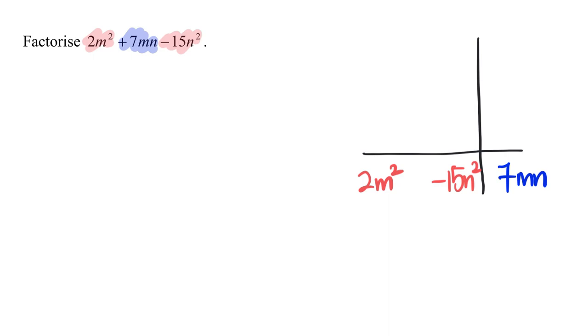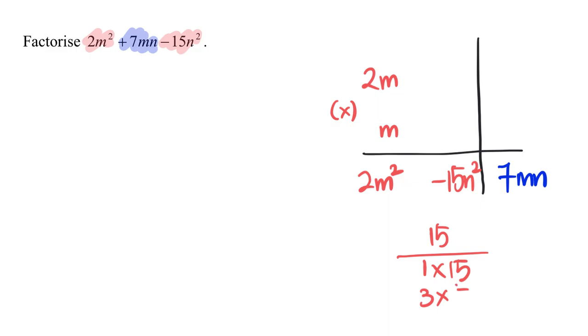and here, and for 2m squared there's only one set of factors, and for 15 I can choose 1 times 15, 3 times 5, and in order to get the 7 I would choose this because 2 times 5 will give me my n.